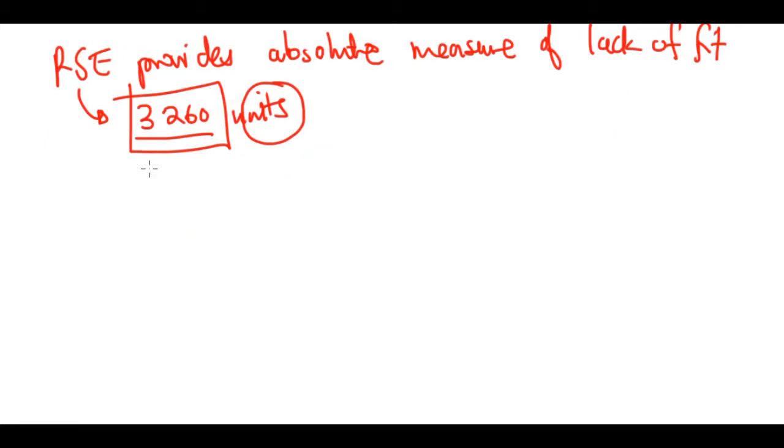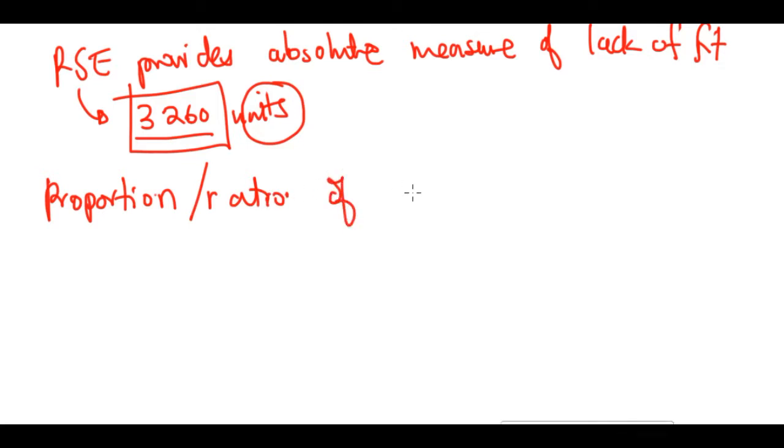So the R-squared statistic is a proportion or a ratio. It's a proportion or ratio of variance. Let's see what that means, right? What it implies is it always takes values between 0 and 1, and is independent of the scale of y.